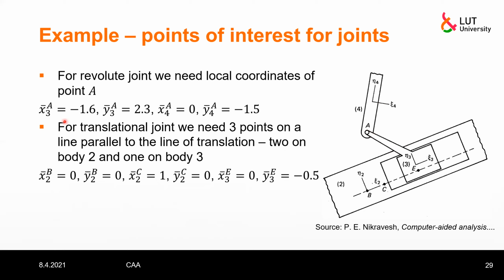So here are the coordinates of point A with respect to local reference frame 3, and here are some numbers, and here is the same for body 4. So we provide coordinates of that point with respect to that body.